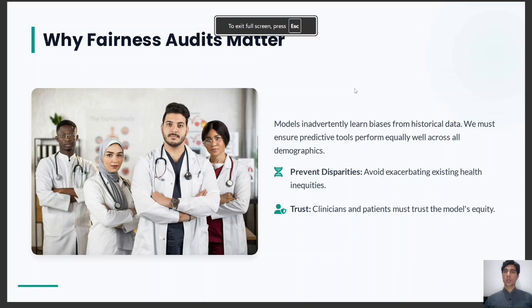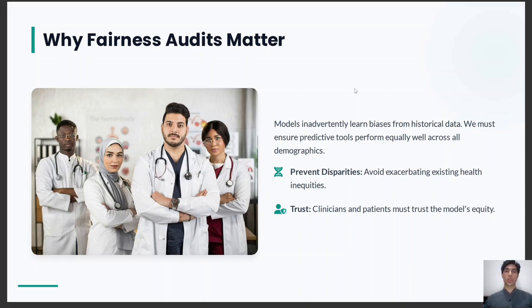Okay, next, let's look into fairness audits and why they matter in clinical data science. We know that models learn from the data they are trained on, and historically that data could be biased, or that data could be discriminative against a certain group of people, a certain demographic.